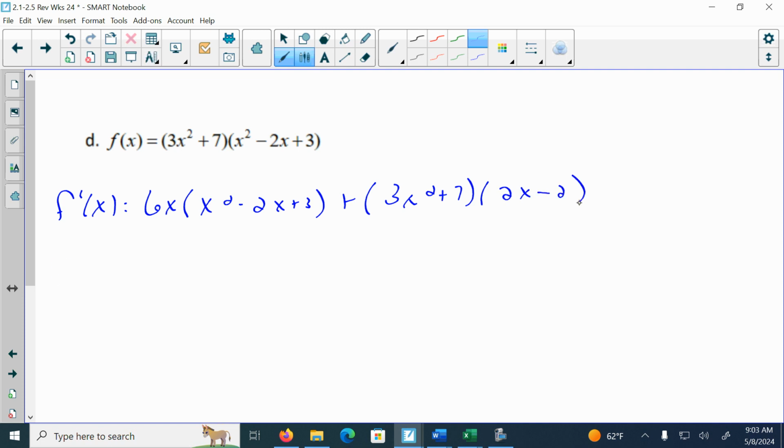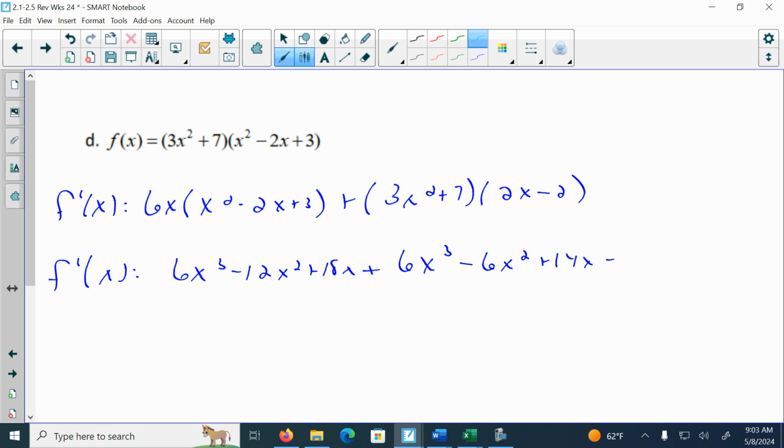Now, when I distribute the 6x, I'm going to have 6x to the 3rd minus 12x squared plus 18x. And I'm going to FOIL these two, and I'm going to have plus 6x to the 3rd minus 6x squared plus 14x minus 14.